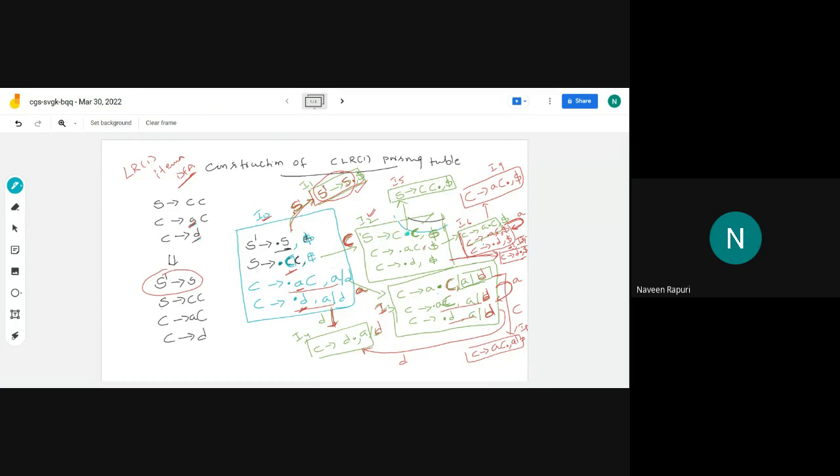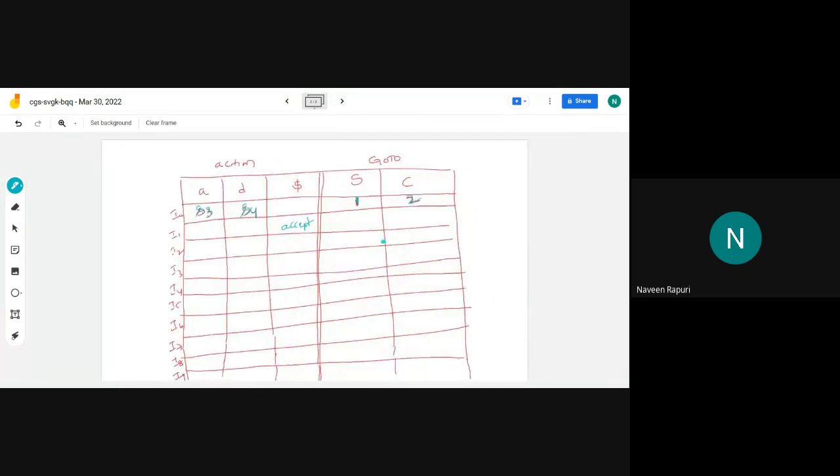I2 on capital C is there, I2 on small a is there, I2 on small d is there. I2 on capital C, it is moved to I5, that means I2 on C is 5.